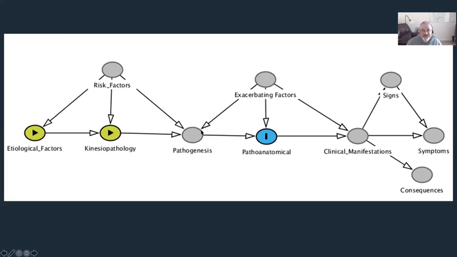They both are causes of pathogenesis, but exacerbating factors can directly exacerbate pathoanatomy. So, for example, an exacerbating factor could be diabetes or smoking. Smoking is a risk factor for developing certain pathogeneses, but it could be an exacerbating factor for an inflammatory condition.